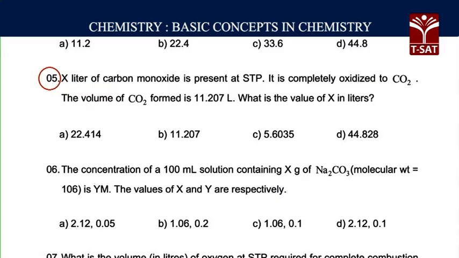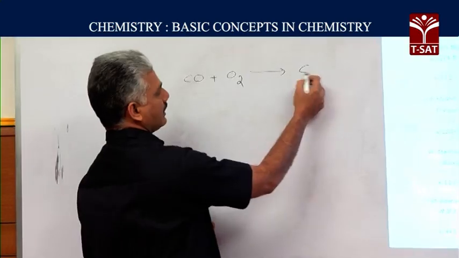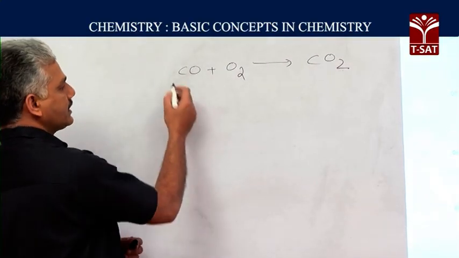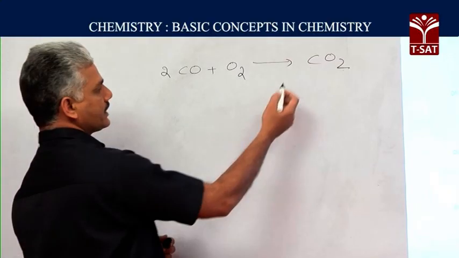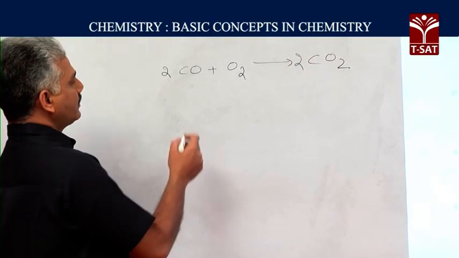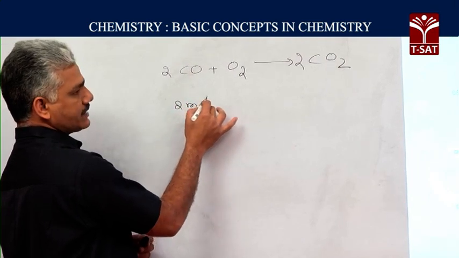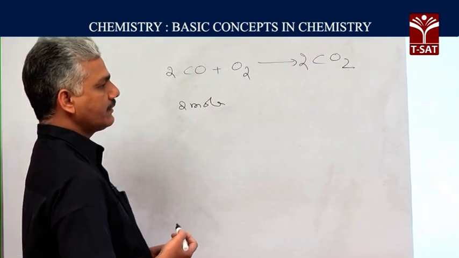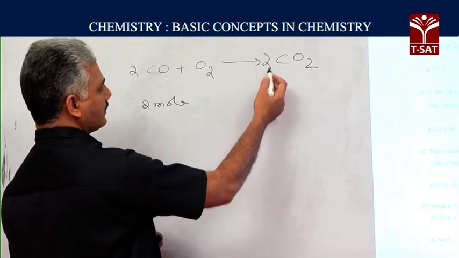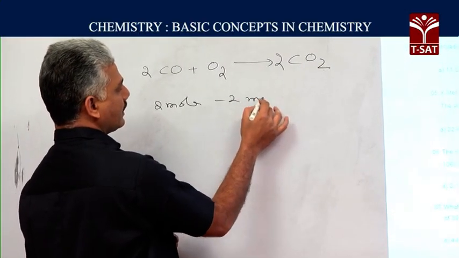Carbon monoxide on heating with oxygen gets converted to carbon dioxide. The balanced equation is 2CO plus O2 gives 2CO2. So, 2 moles of carbon monoxide can react with 1 mole of oxygen to give 2 moles of carbon dioxide.